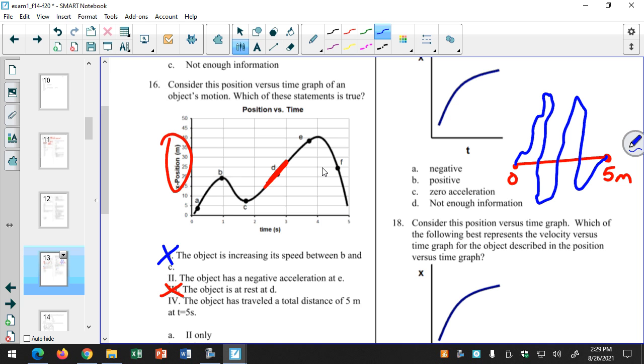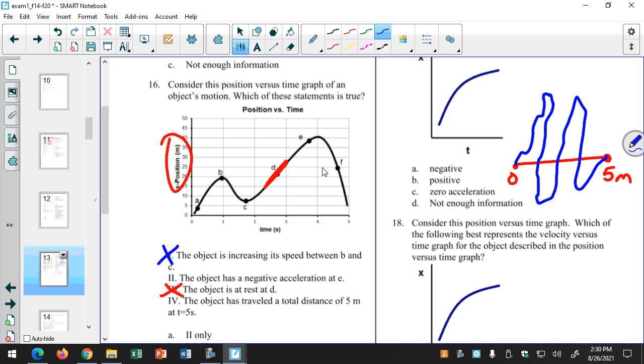Your displacement is 5 minus 0, and then your total distance happens to be the same distance because you traveled straight from 0 to 5. Your dog has a displacement that's also 5 meters, same initial and final positions as you. But has your dog traveled a farther distance than 5 meters? Sure, he's traveled a lot farther, 2, 3, 4 times what you've traveled.